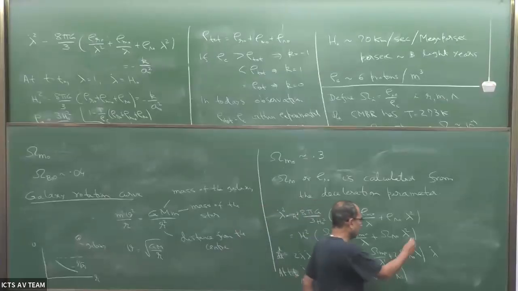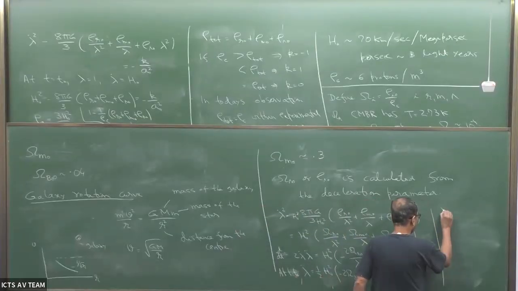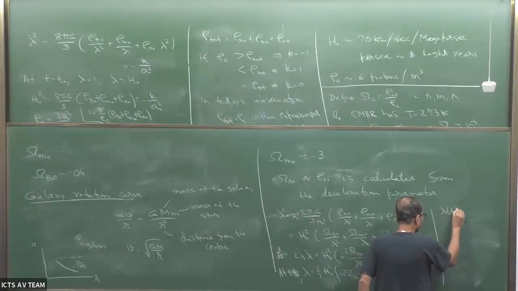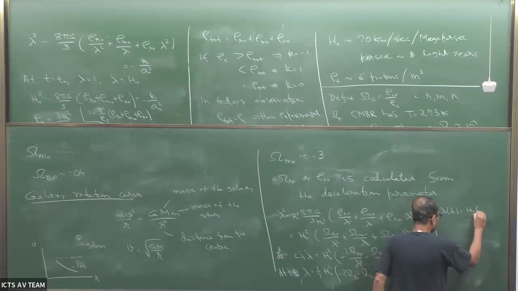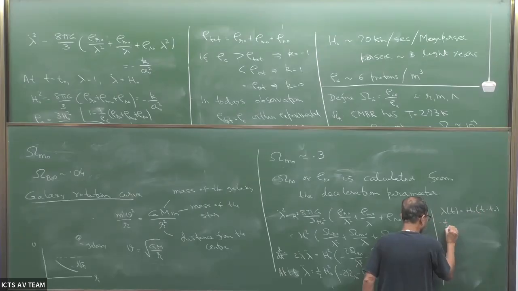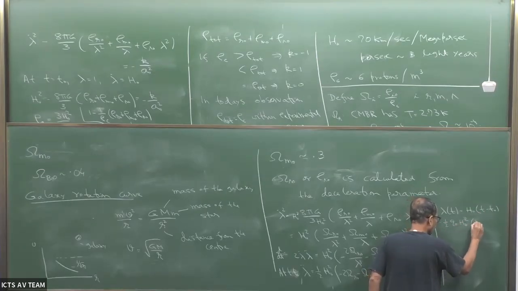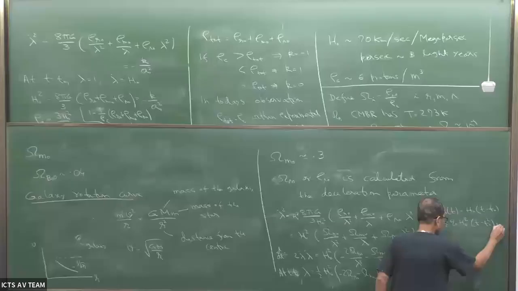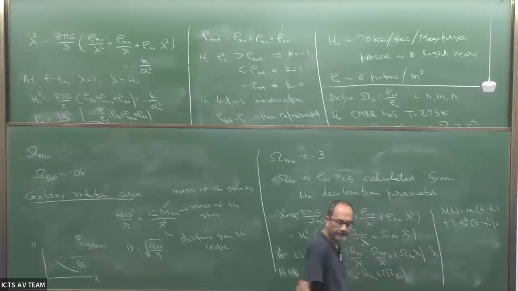But now recall the definition of the deceleration parameter. We had taken lambda of t as h naught times t minus t naught minus half q naught h naught square t minus t naught square and so on, right? Higher order terms.